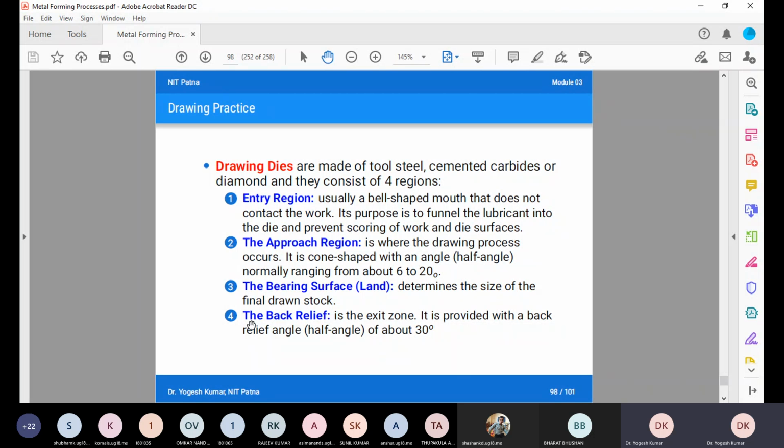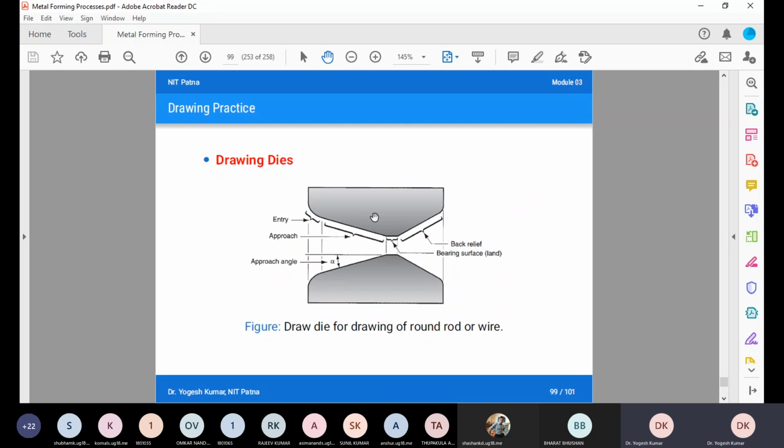After the completion of this bearing surface, we have the exit zone. It may also be termed as back relief, and it is provided with a back relief angle of up to 30 degrees. Here you can see your complete die, where you can easily understand the different zones.